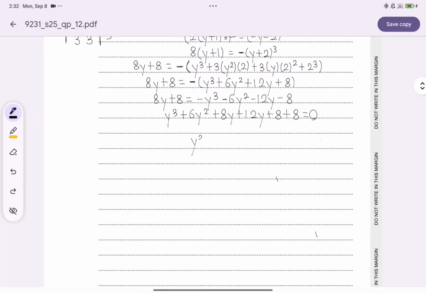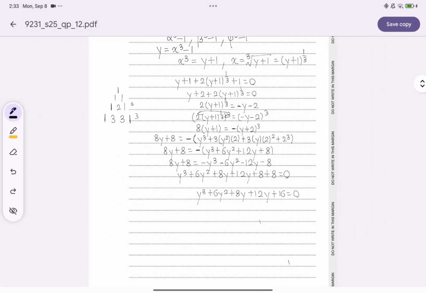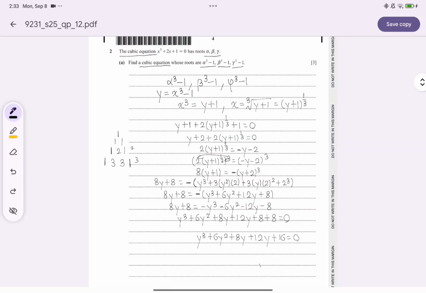Hence this would give us our final answer, y cubed plus 6y squared plus 8y plus 12y plus 8 plus 8, that is 16. So this is our final answer for this equation.